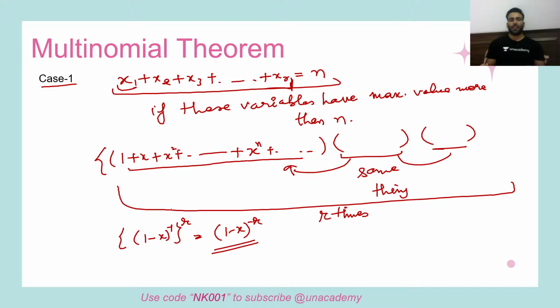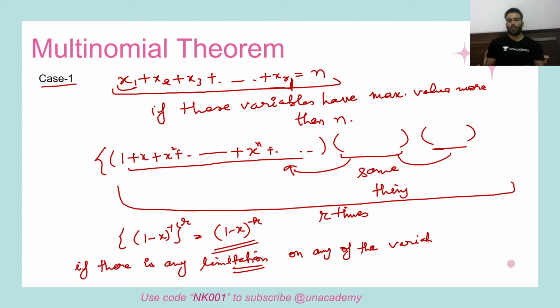Now just imagine there is a limitation on any of the variables. Let's say x1 can take any value between a1 and b1.